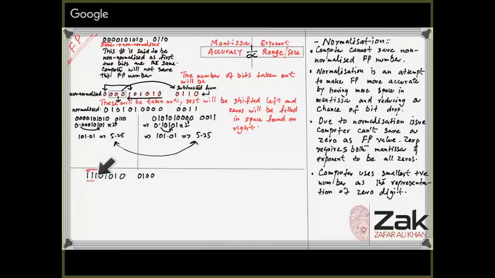These two bits will be taken out and the exponent will be adjusted accordingly. Afterwards, because it is a negative number, you first have to convert it to positive, and then you will solve it. Let's see what you do. This is a negative non-normalized number.